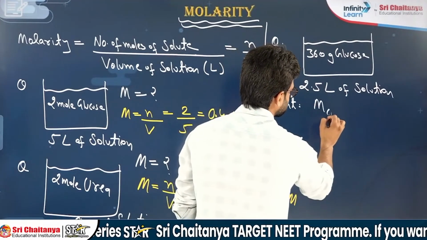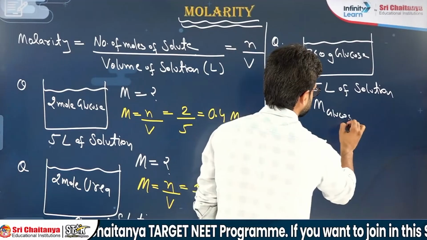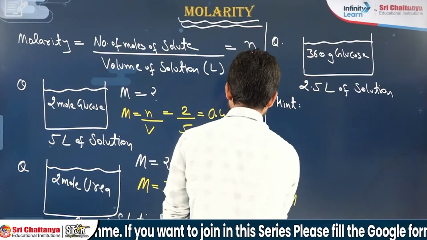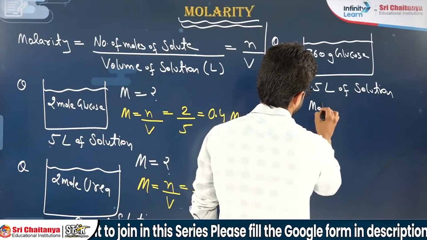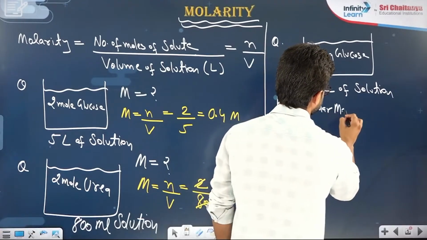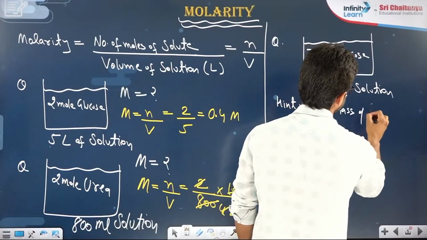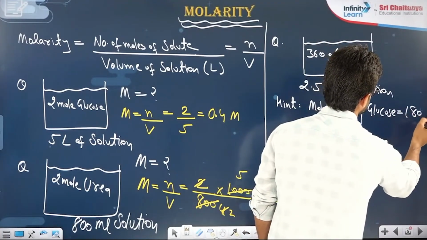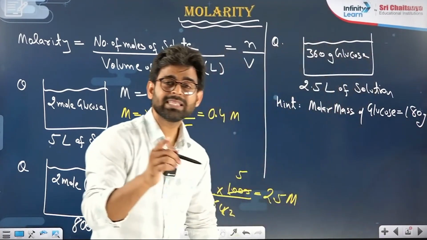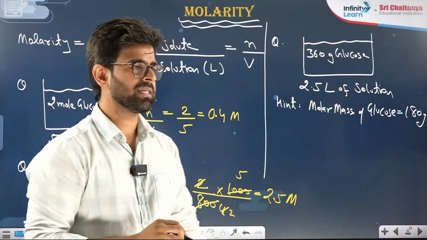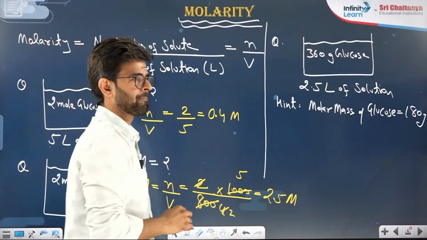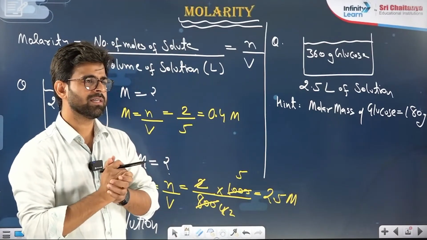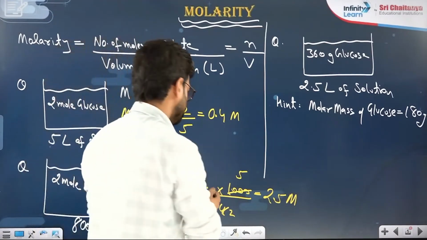The molar mass of glucose is 180 gram. 180 gram is the molar mass. Very good.